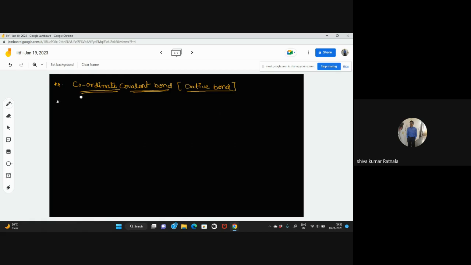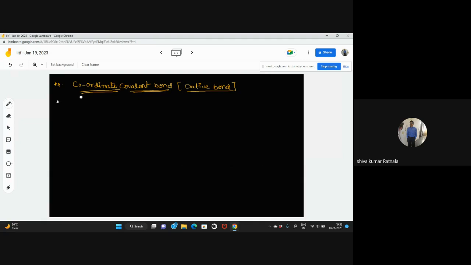Understood what I'm trying to say? So actually, a dative bond is going to form in this one. One atom will donate 2 electrons, and the 2 electrons are equally shared between the 2 atoms.